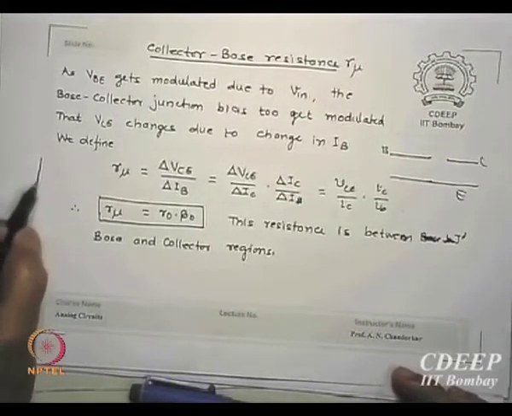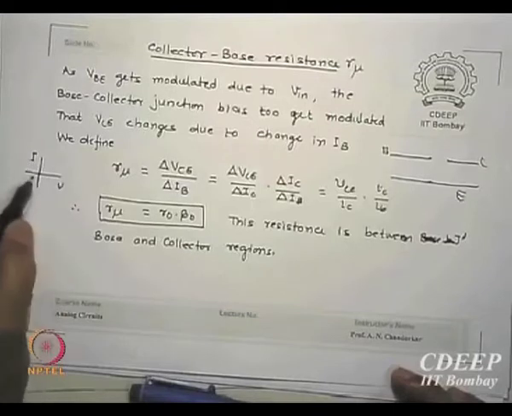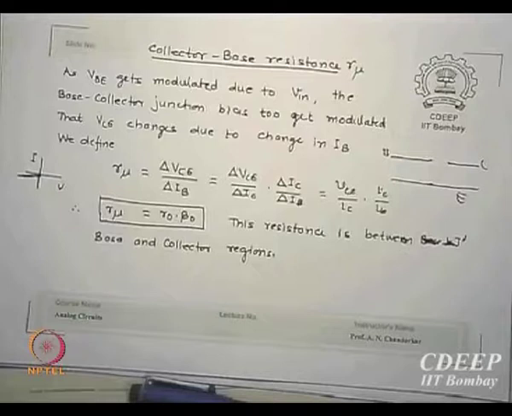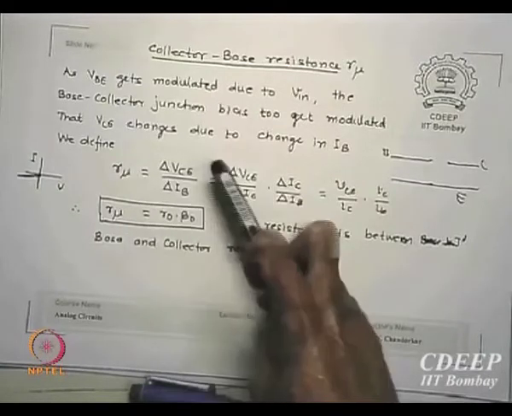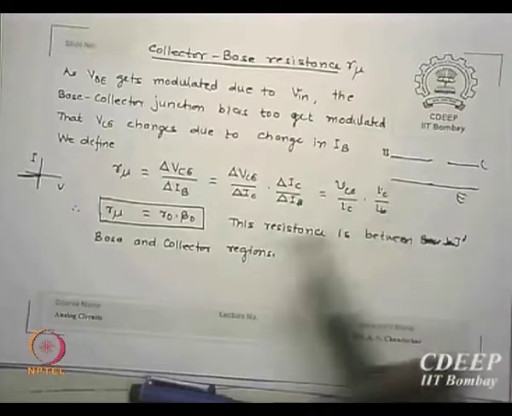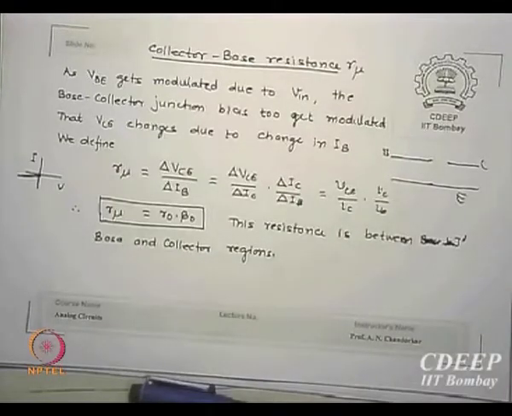Typically if you see I versus V, a very small slope. Practically the saturation current is of the order of picoamps or lower, so the slope is very low. If that is so, if I take delta VC by delta IB, which is VC by IC by beta, I get R mu by the same simple method.